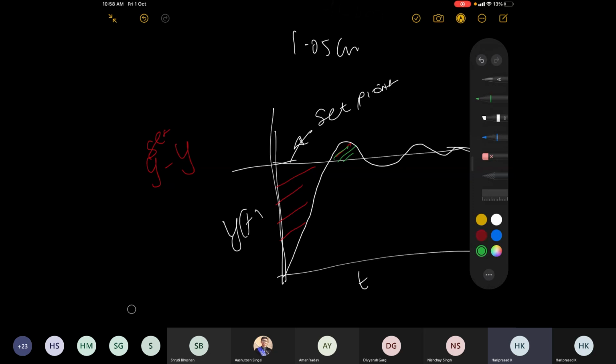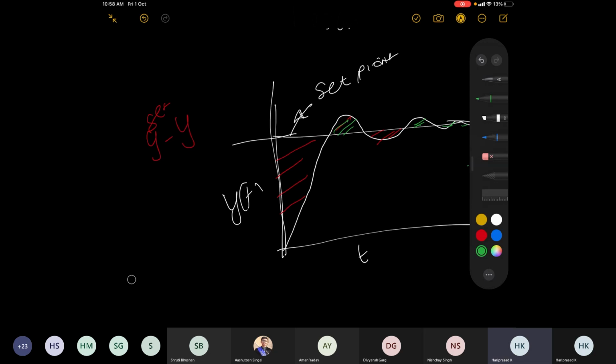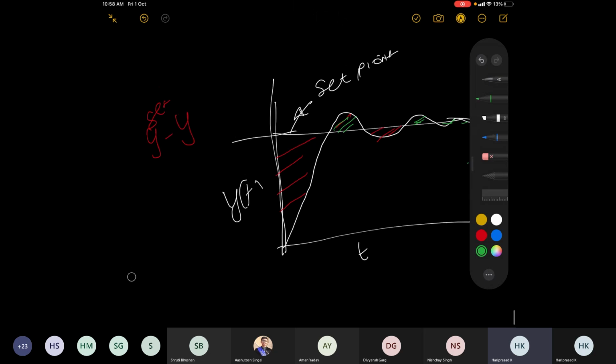And again, because of the integral term, you have to compute everything. So what you are going to do is, this integral term never goes to 0.